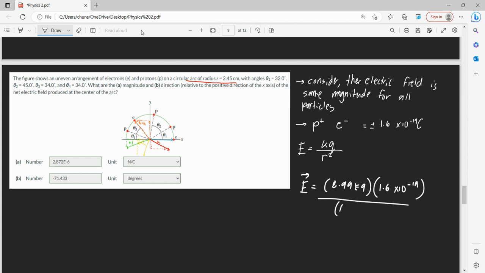Our separation is 0.0245, and that gives 2.396 times 10 to the negative 6 meters per coulomb. I'm just going to calculate again, make sure I'm not going crazy. Awesome. All right, so now we can get started.